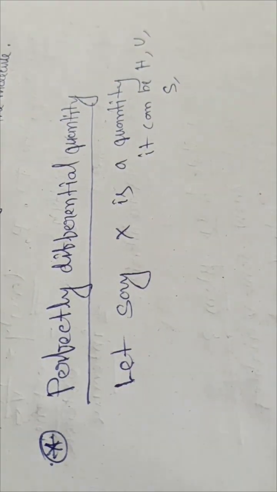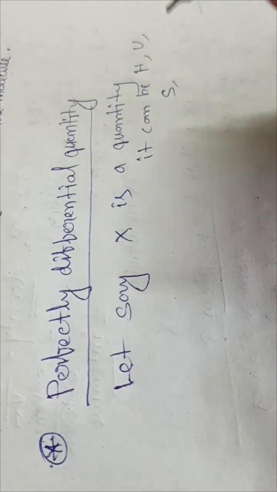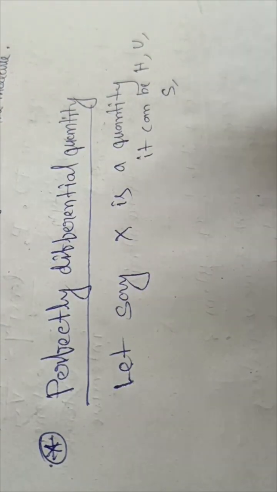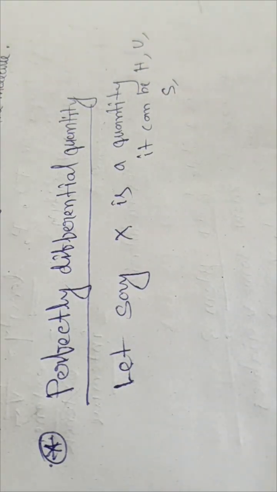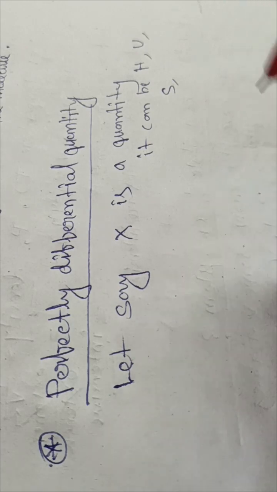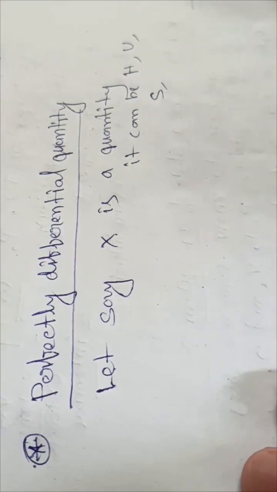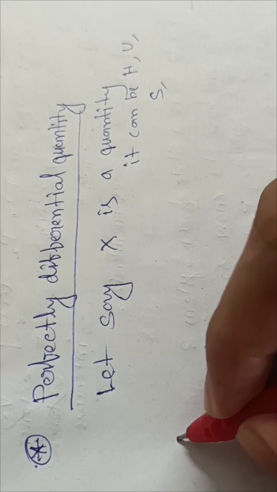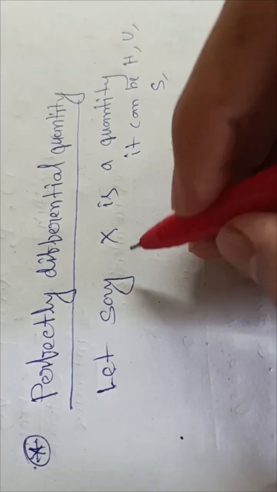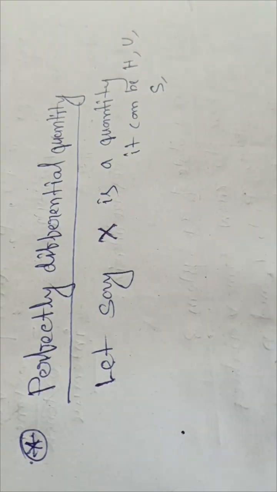Now we have to understand whether that quantity is perfectly differential or not. Perfectly differential means if we differentiate, there is some value, that is, it is differentiable or not. So this is why we have to study this. So how do we understand that?